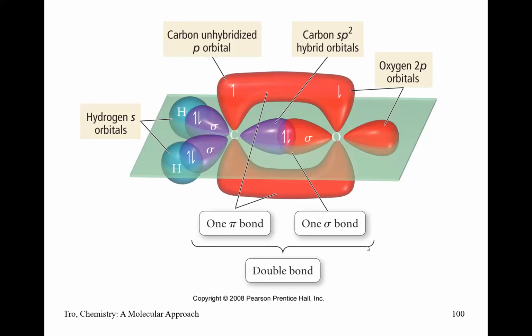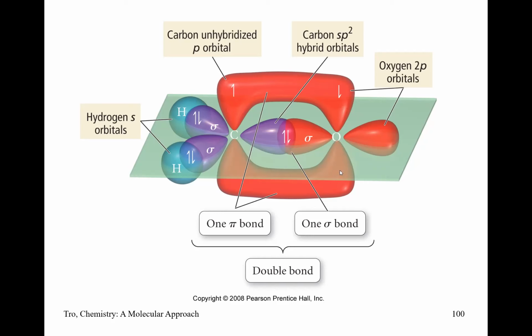So this is back to the formaldehyde. Right there's our carbon that's sp2 hybridized. The hybridization also matches when it's another element besides hydrogen. So if the carbon is sp2, the oxygen must also be sp2. So the two sp2 orbitals overlap. You get the sigma bond here, just like we did with the Lewis structure before.